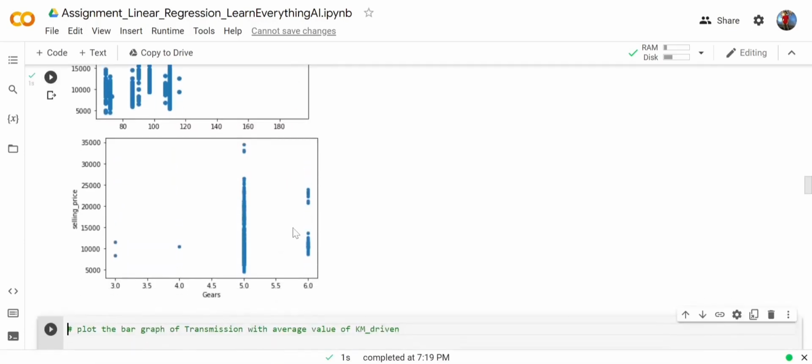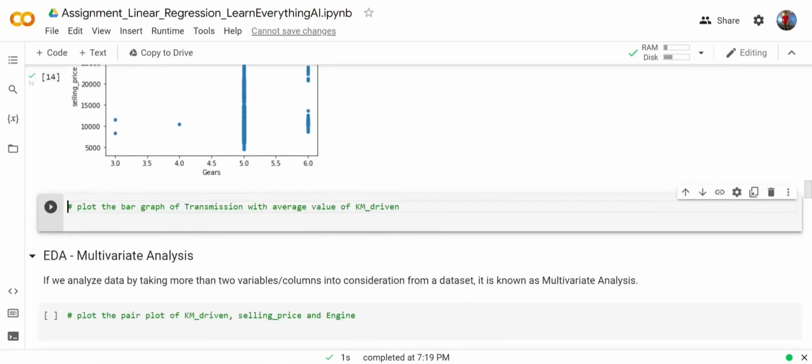So we have a scatter plot of the number of gears versus the selling price. We can see that the maximum of this is dominated by cars that have 5 gears or 6 gears. There are very few cars that have 3 gears and 4 gears. So the majority is concentrated on cars having 5 gears or 6 gears.